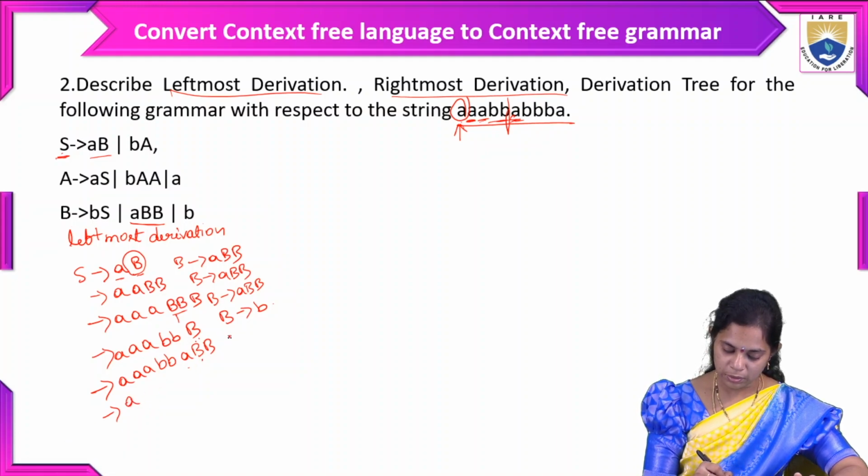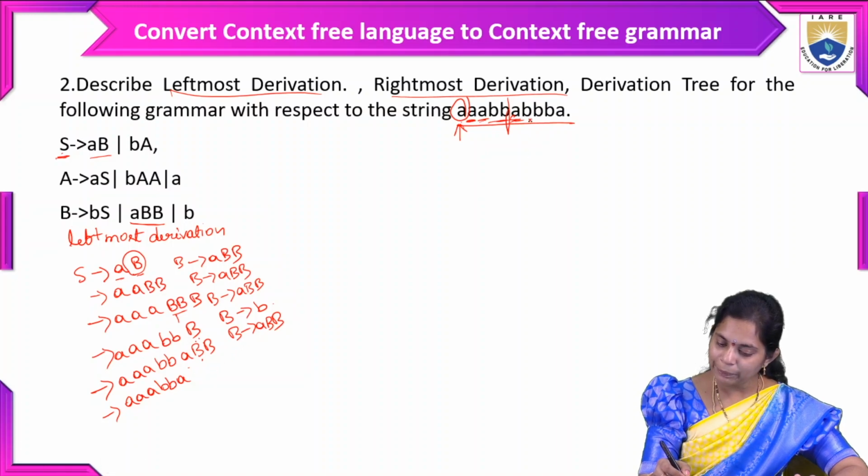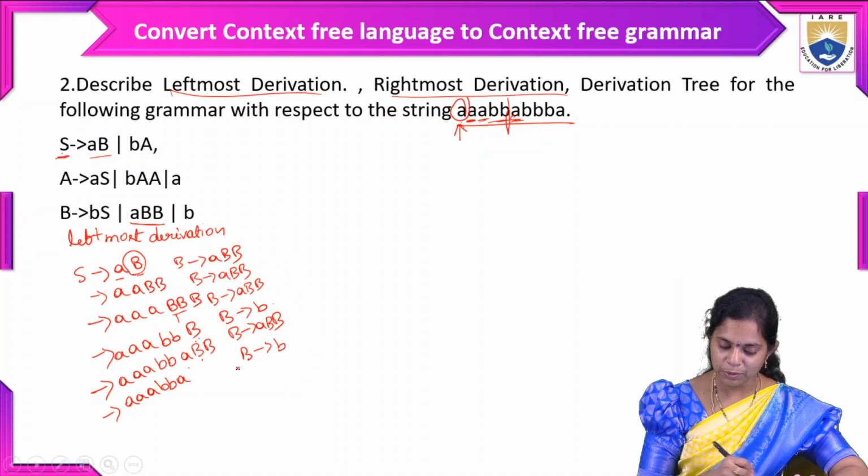So what we have written is B tends to A, B, B. And again B is required, so B tends to B, and this B is replaced and capital B is there.